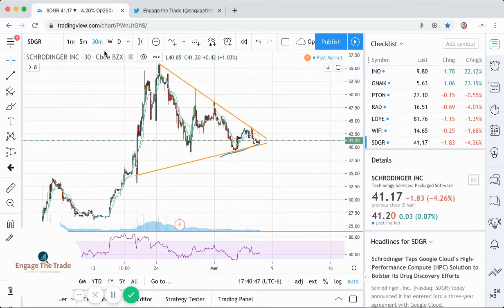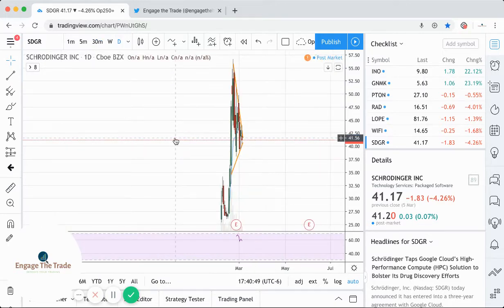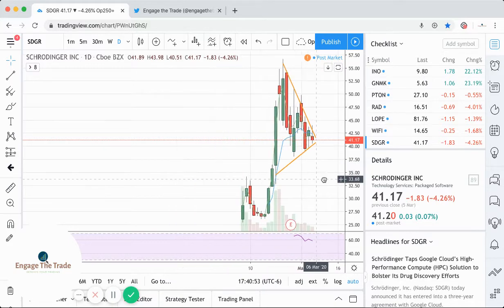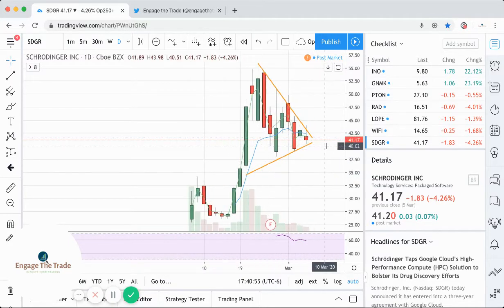SDGR, this is a new one that actually is optionable, but they're $5 apart strike prices. So you can get like 40 strike price or 45. This is an awesome chart. This is what you want.